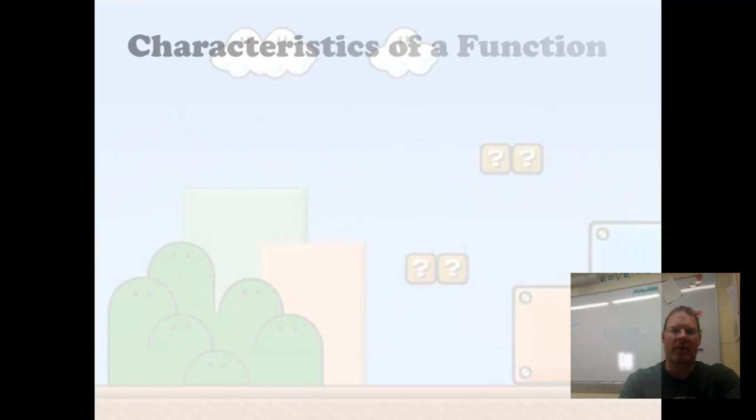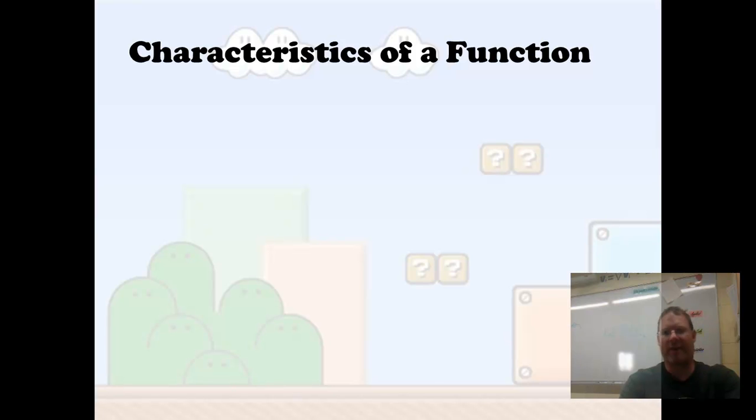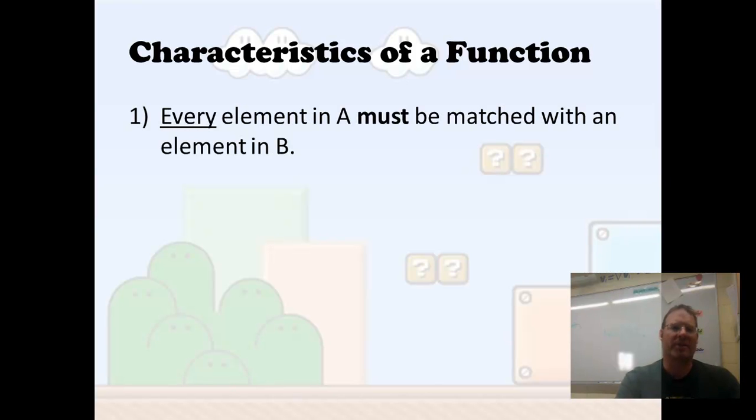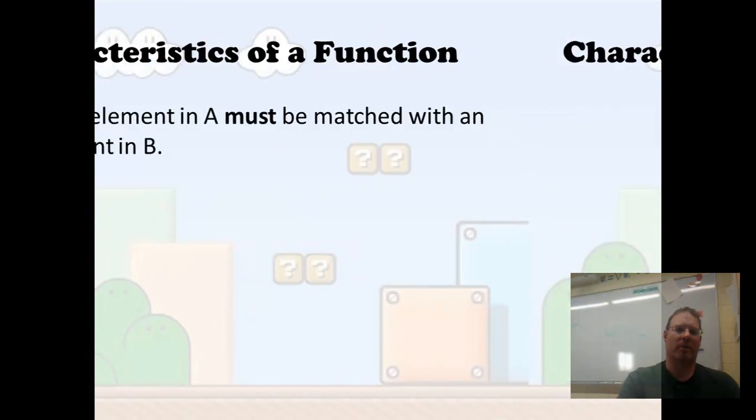Now, characteristics of a function are as follows, and I'm going to go through these characteristics. There's a total of 4 of them. I'm going to go through them one at a time, and I'm going to bring it back to that post office example that we did. Okay, so the first one is every element in A must be matched with an element in B. Okay, so with the post office example, this is what it would mean.